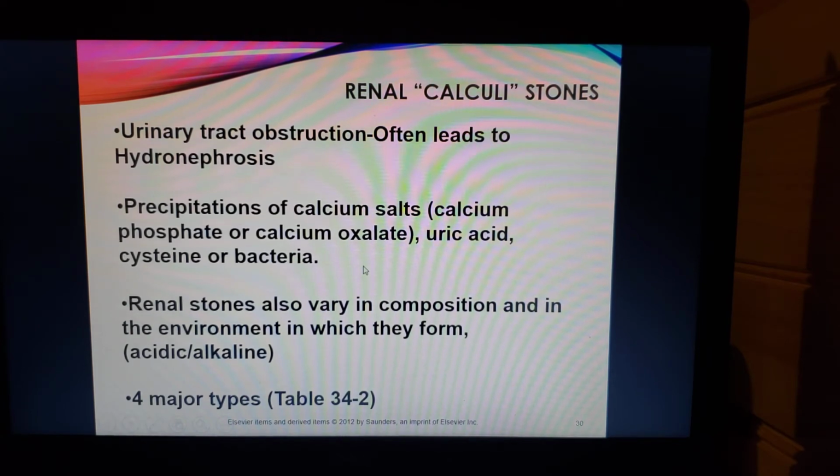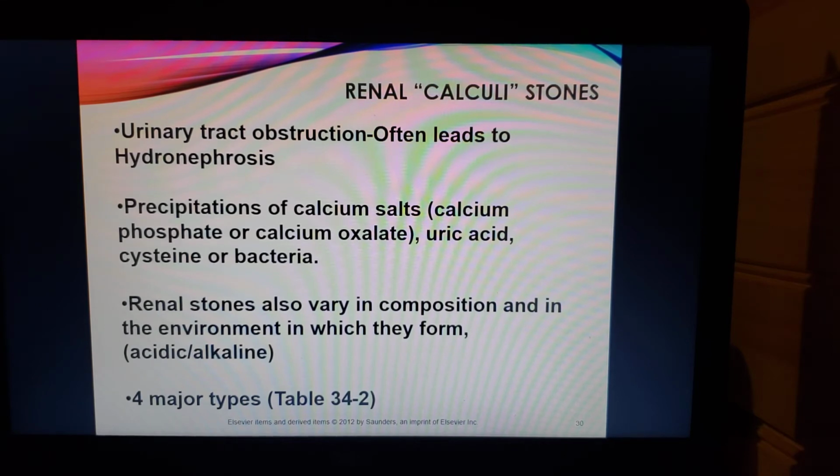That takes us to renal calculi. A renal stone is a urinary tract obstruction and leads to hydronephrosis, which we looked at on that diagram. Basically, these stones are made up of calcium salts, calcium phosphate, calcium oxalate, uric acid, cysteine, and bacteria.